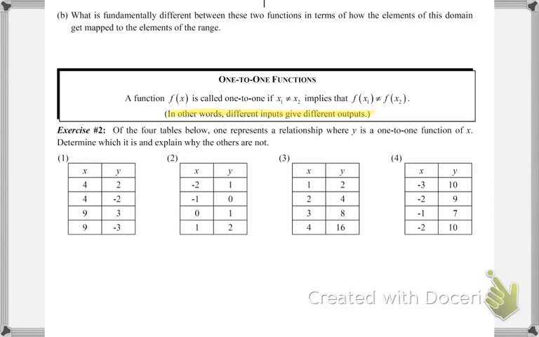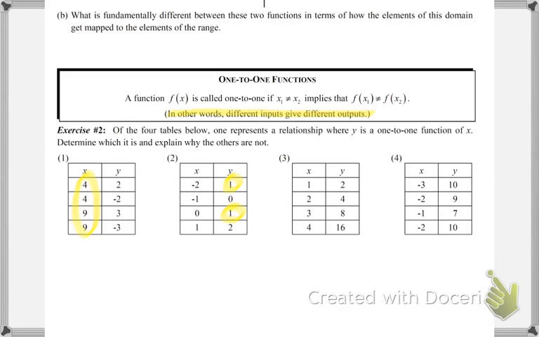In example number 1, it is not a function because there are x values that repeat. So it cannot be a one-to-one function if it's not a function to begin with. Number 2 is a function, but because we've got y values that repeat, it is not a one-to-one function.